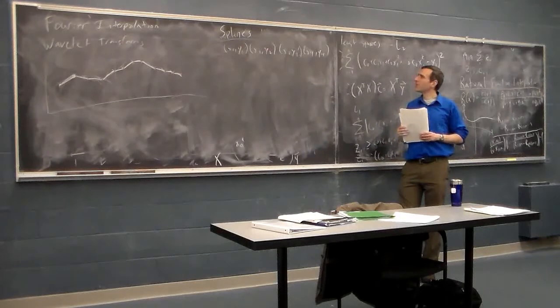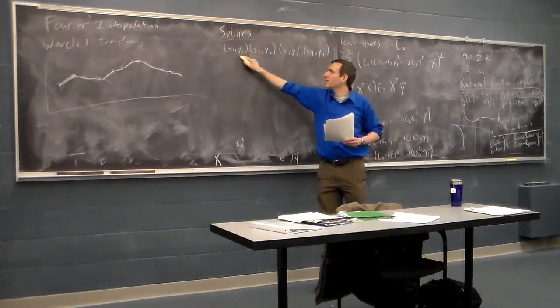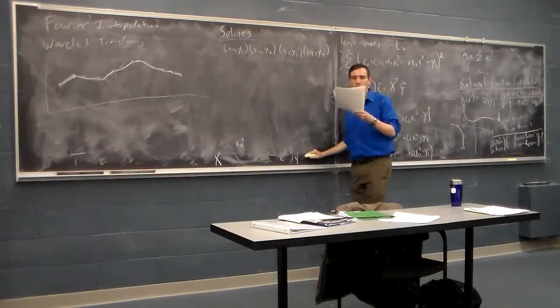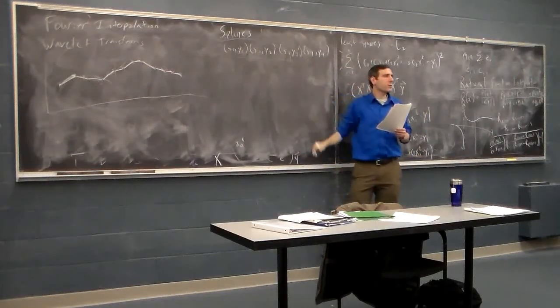What we're trying to assert in the piecewise linear case is that we want three functions, so a linear function from here to here, one from here to here, and one from here to here, that will get the endpoints of these intervals right.